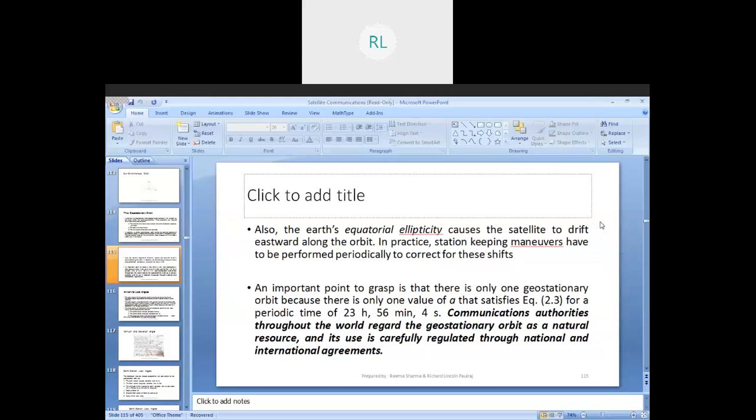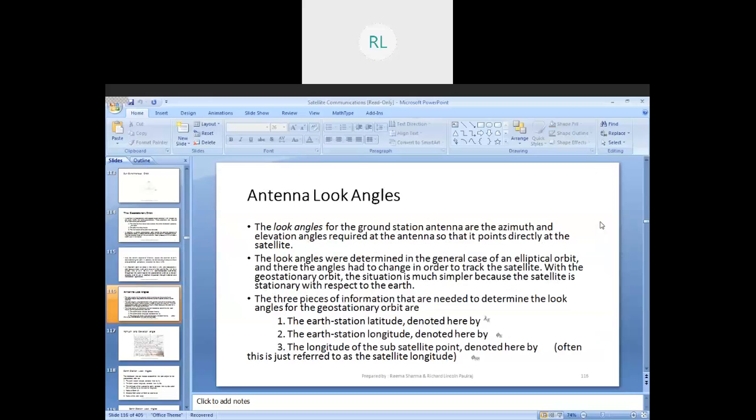Today we will be looking into something called antenna look angles. As I told you, at what angle the antenna should be placed and how this is to be maintained in order to have maximum reception of signals. The look angles for a ground station antenna are the azimuth angle and the elevation angle.